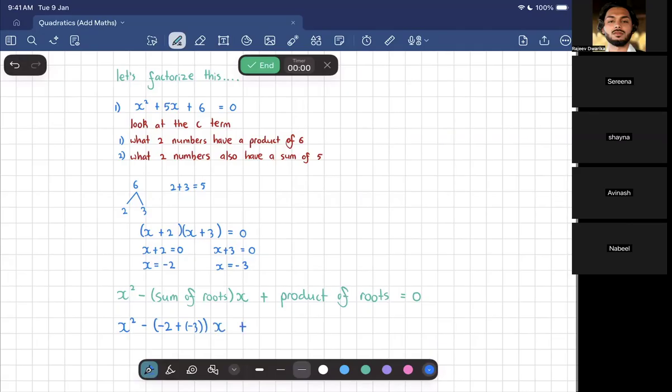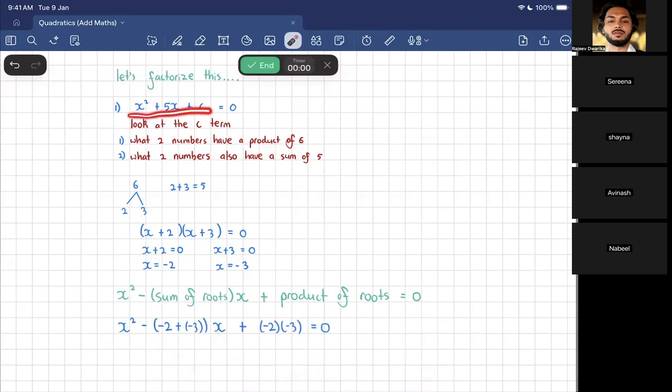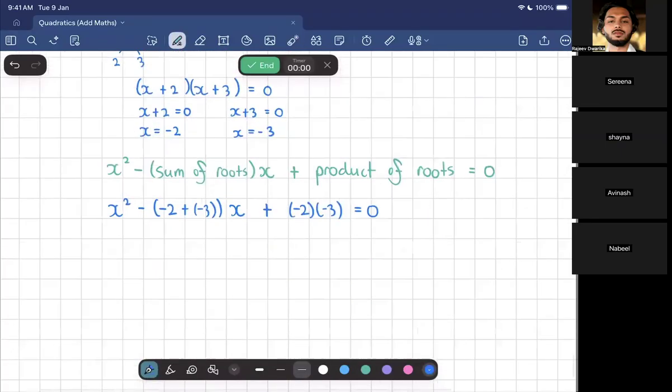What would the product of the roots be? Minus 2 multiplied by minus 3. And if we do everything correctly, Nabil, I'm supposed to get back the original quadratic. I should be able to get it back.